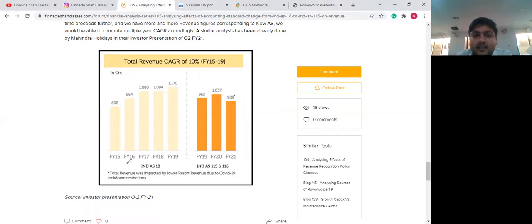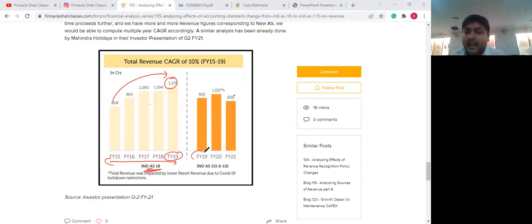As you can see, the business has clearly shown that the FY19 figures were not comparable, but they have taken FY19 as of old accounting standards, which is IND AS 18, to compute the 4-year revenue growth rate. And for computing the revenue growth rate under the new regime of IND AS 115, there is no way you can generate figures of FY18, but FY19 IND AS 115 figures are present in the annual report. You take it. So going forward, you can compute revenue growth rate based on these figures.